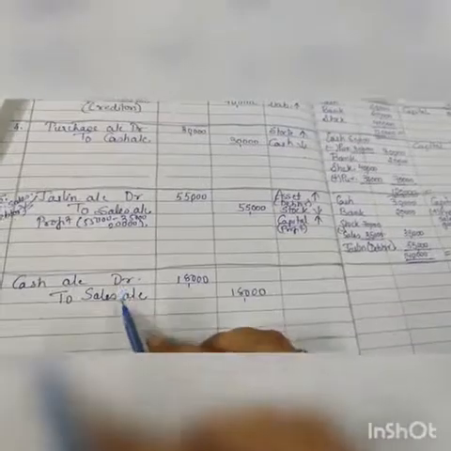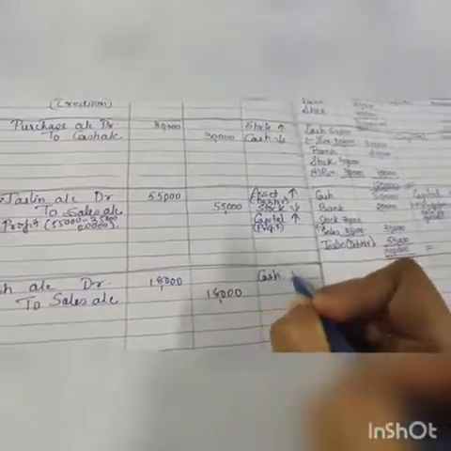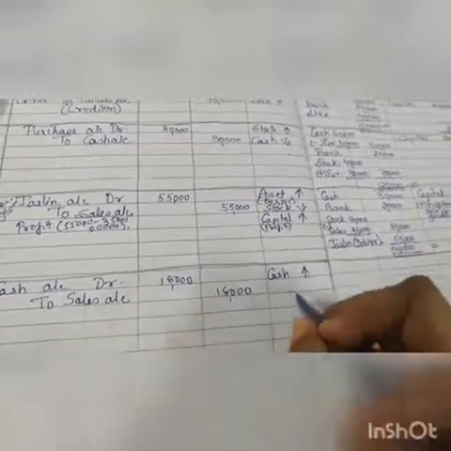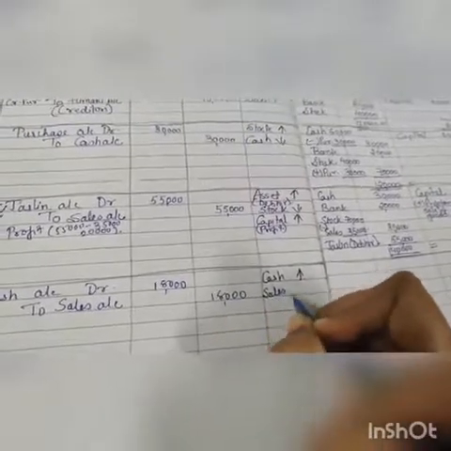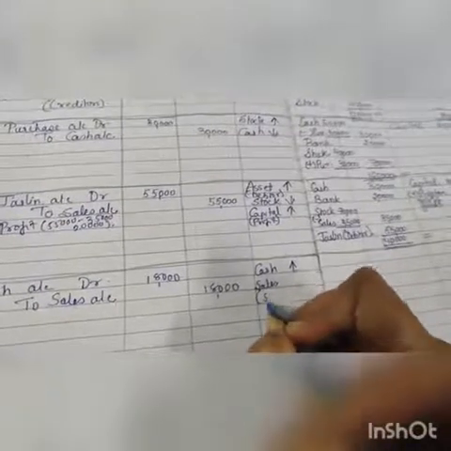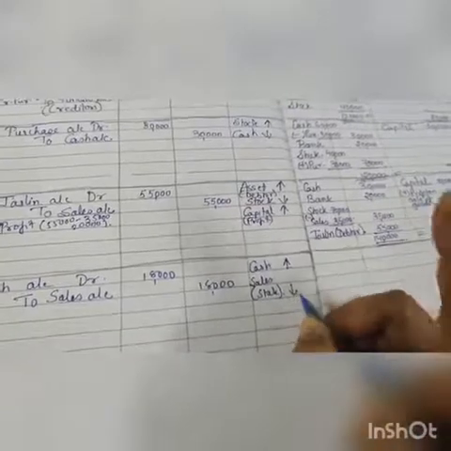Now see, as it is a sale and cash is coming into the business, what effect will come? Cash will increase. Then whenever there is a sale, stock decreases. So according to the sale the stock is decreasing, but by how much amount?